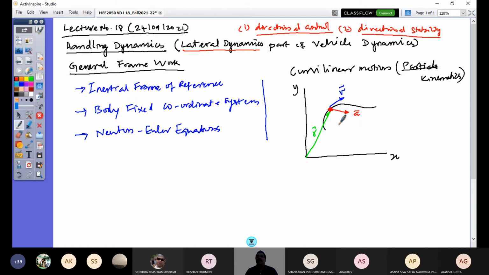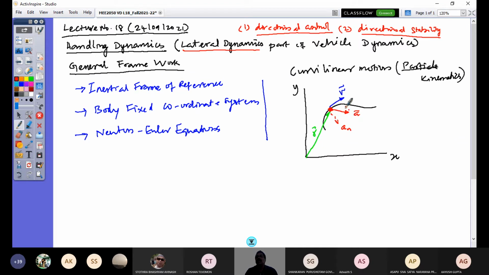So where does directional control come from? It comes from the normal component with respect to this path. With respect to the vehicle, it is the lateral direction, which we call a_y, right? But I don't consider geometry now, for the time being, and this is responsible for directional control of your velocity.